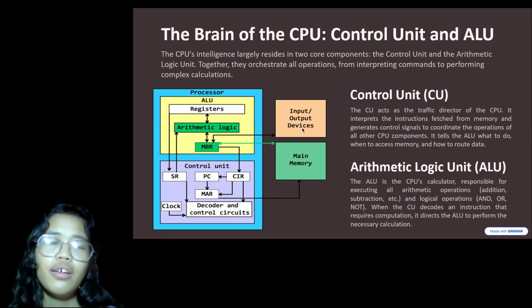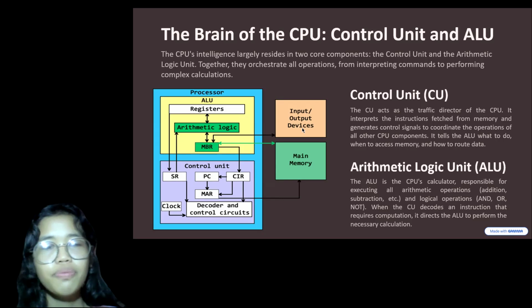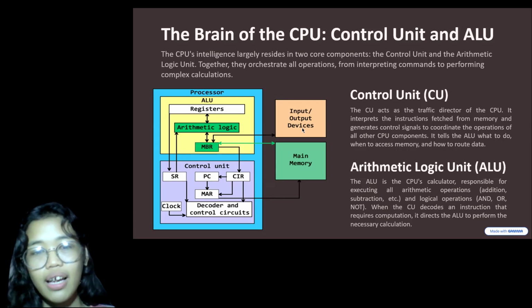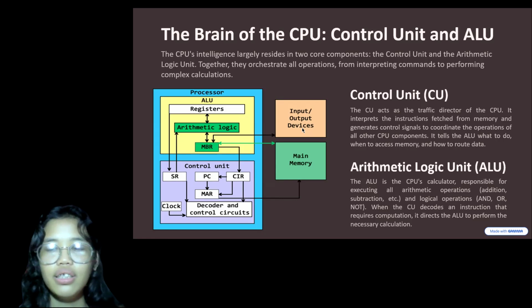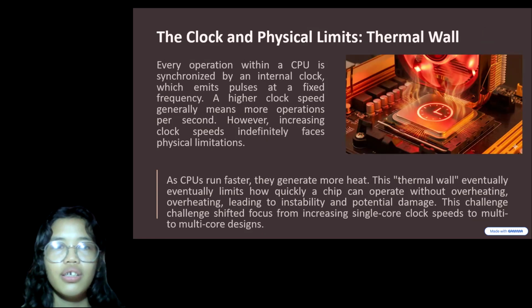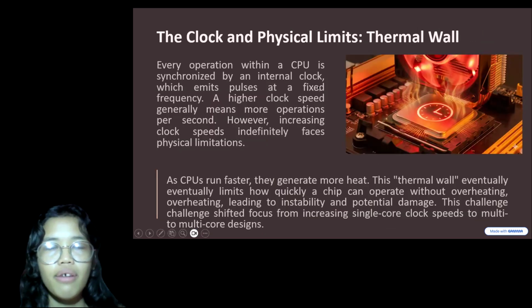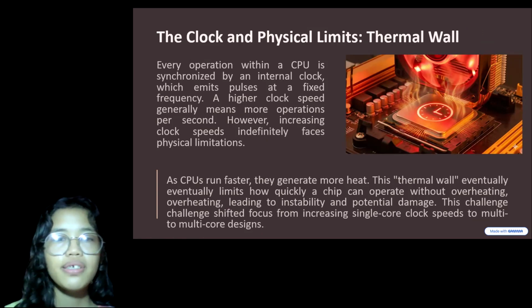For the whole CPU to improve efficiency, the CPUs overlap these steps. I think what introduced it is the clock and the physical limit of the thermal wall. Every operation within a CPU is synchronized by an internal clock, which emits pulses at a fixed frequency.